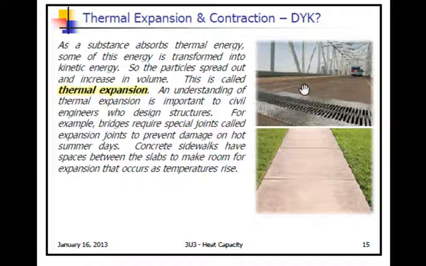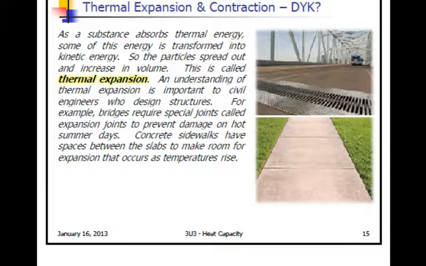That's why concrete slabs are designed in smaller sections with little gaps between them so that they can expand. You might have noticed driving over some bridges that they have these metal grates, and those are designed so that the metal in the bridge has a space to expand. Contraction also occurs, though. When things get colder, they tend to get smaller. So that's something else to consider as well.